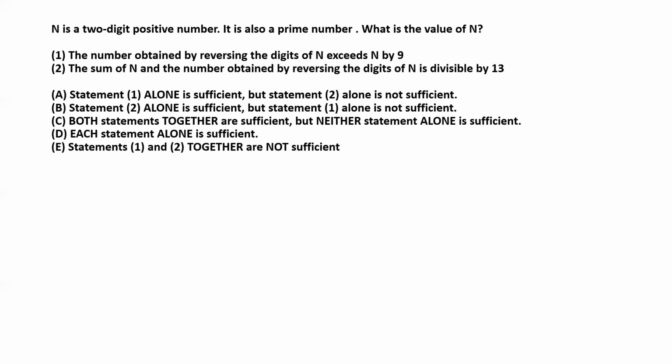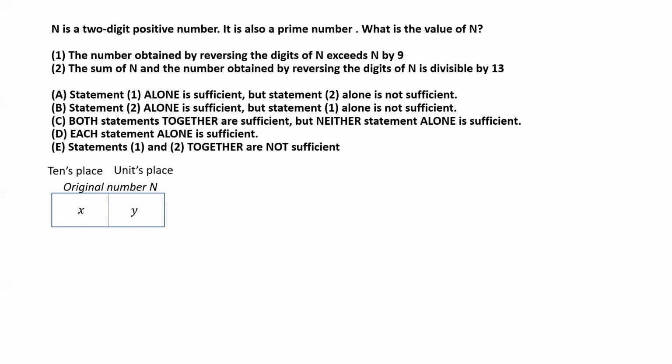assuming that the digits in the tens place and the units place are x and y for the original number. So a two-digit number has a tens place and a units place, right?